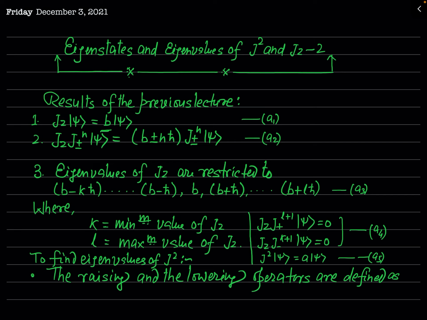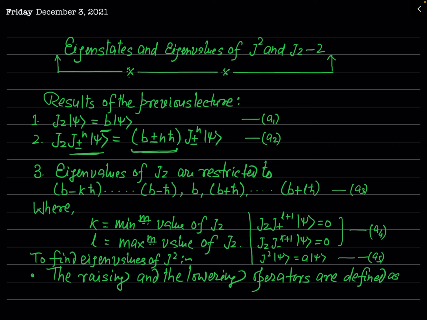When we considered the repeated operation of the raising and lowering operators on this eigenstate, that is, J plus or minus to the power n ket psi is an eigenstate of Jz, we found that the eigenvalue of Jz is b plus or minus n h bar. With the raising operator, the eigenvalue will be b plus n h bar, and with the lowering operator J minus to the power n, the eigenvalue is b minus n h bar.